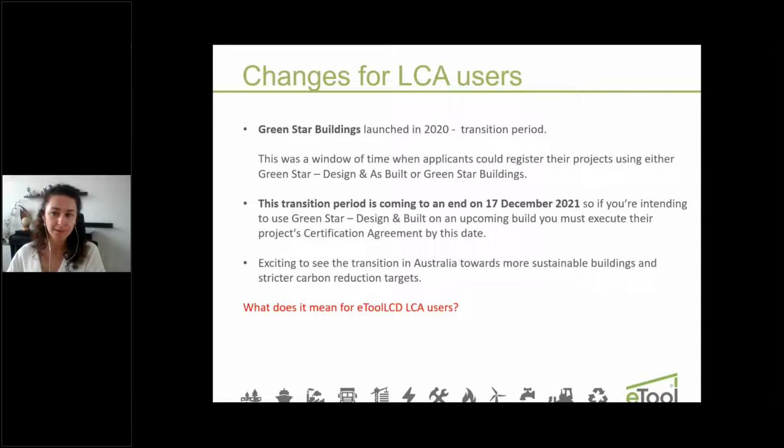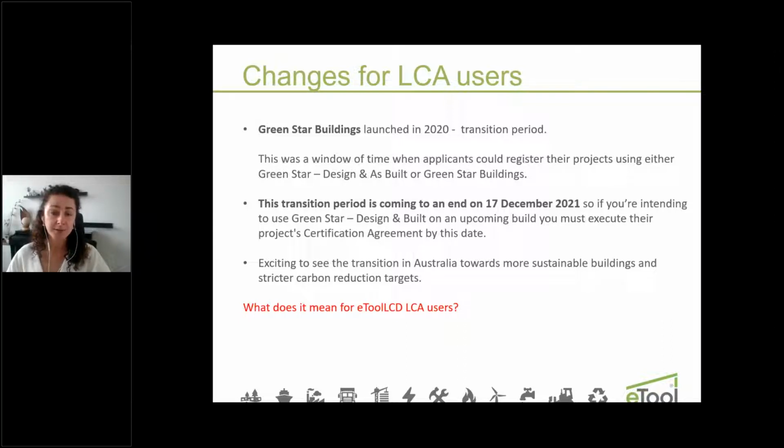So I'd like to start now and talk about the Green Star Buildings. As you know, it was launched in 2020, and there is a small transition period during which projects can register either for the existing Green Star Design and As Built, or for Green Star Buildings, the new rating. The transition period is going to expire on 17th of December 2021.